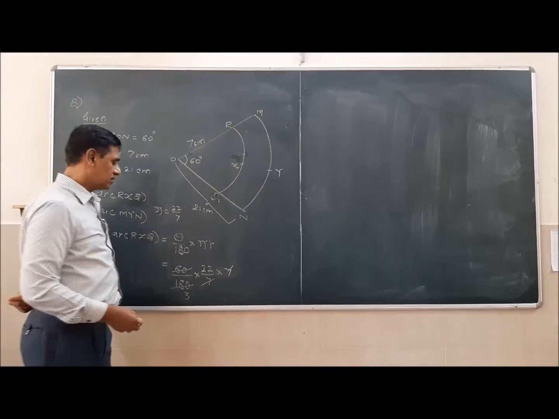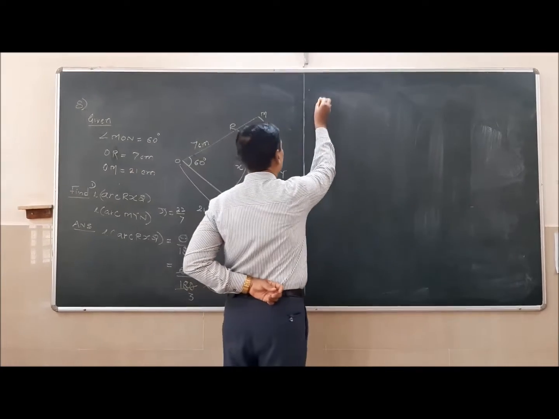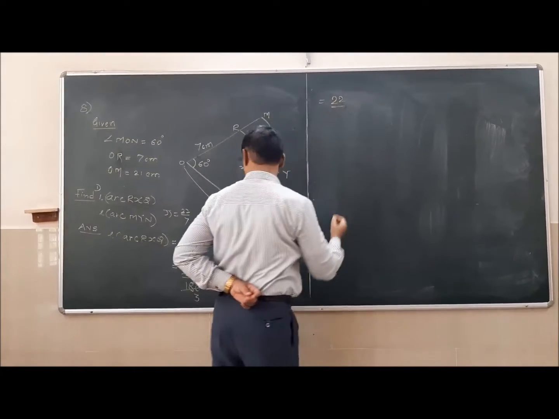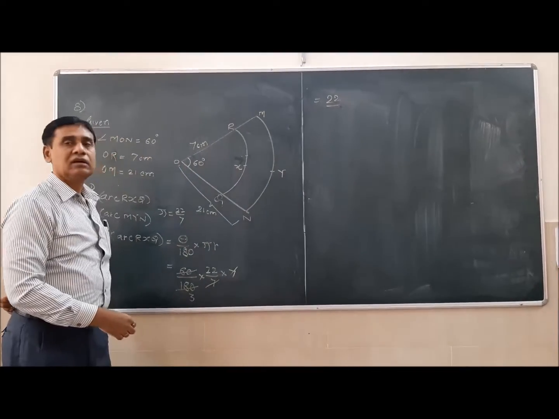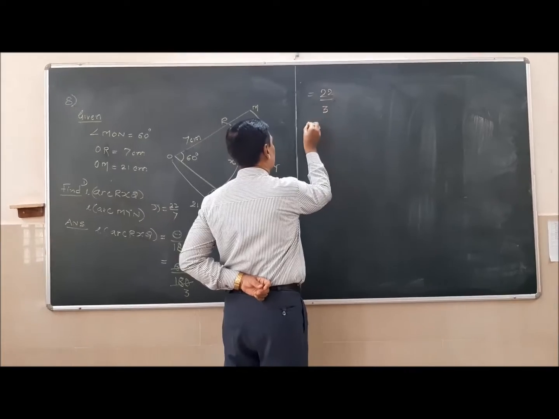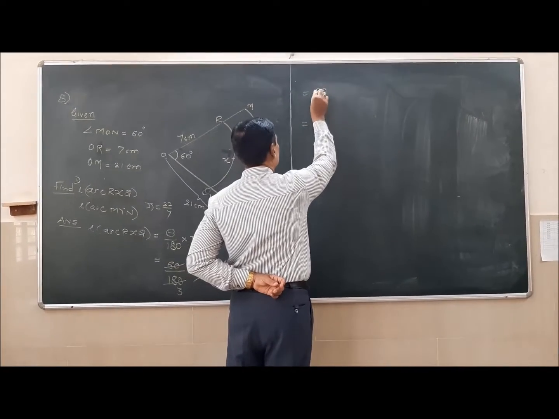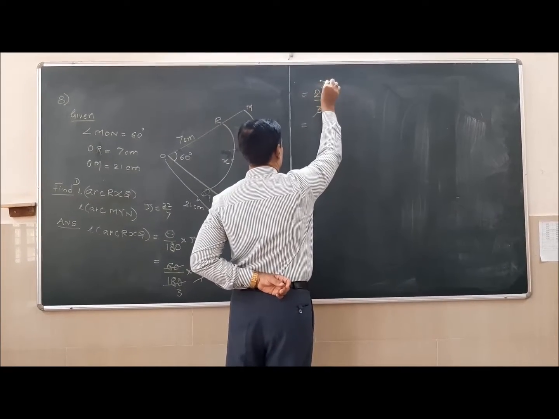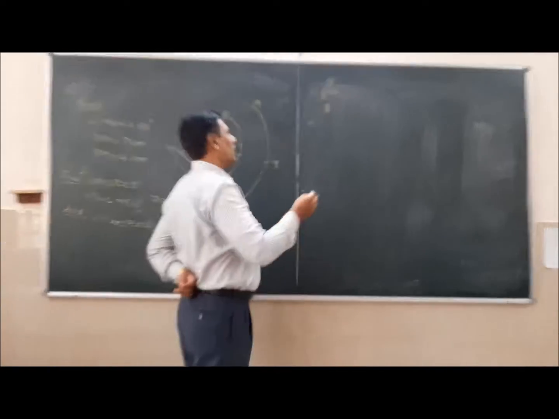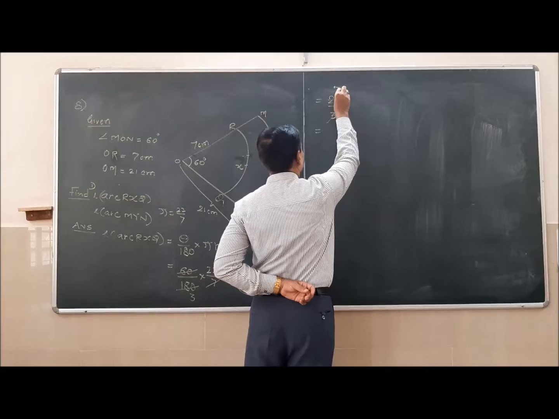Now for our next calculation, from the numerator we are left with 22, and from the denominator we get 3. Now 3 sevens are 21, then the remainder is 1, so I will place a decimal point.